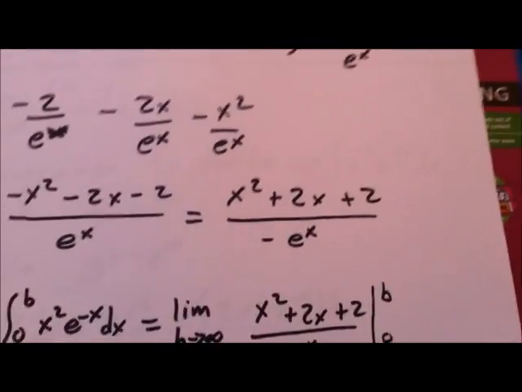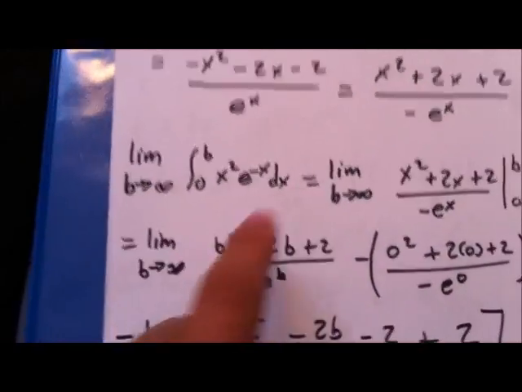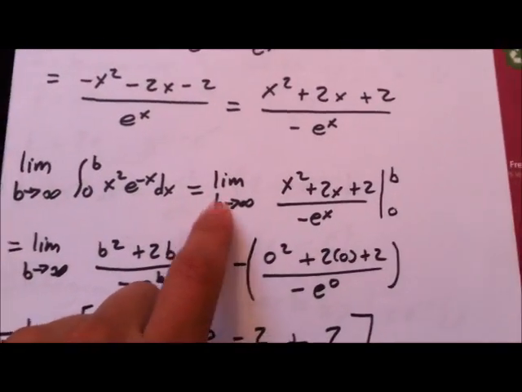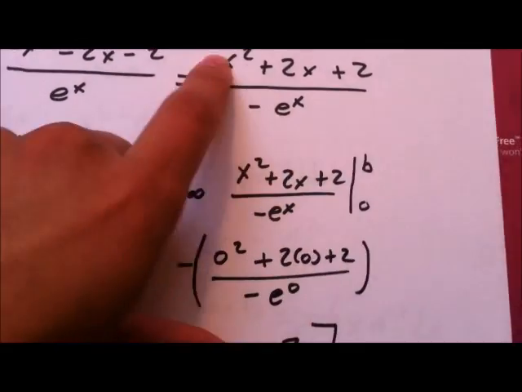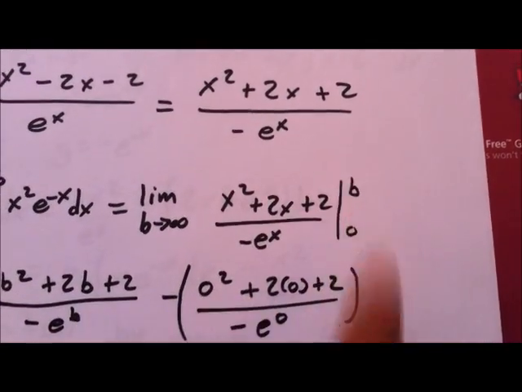So we just plug that into our limit, which will give us the limit as b tends to infinity of all this from 0 to b.